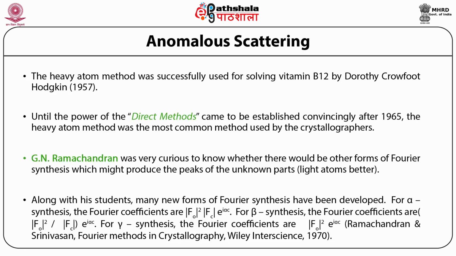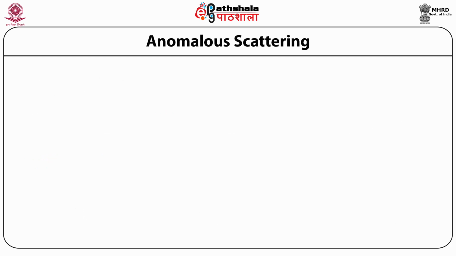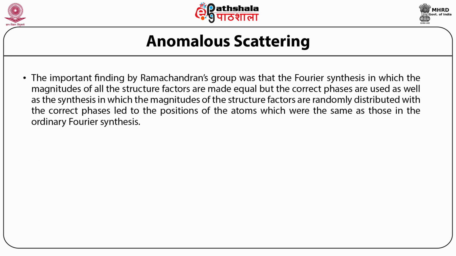Professor Ramachandran and Srinivasan. The important finding by Ramachandran's group was that the Fourier synthesis in which the magnitudes of all the structure factors are made equal, but the correct phases are used, as well as the synthesis in which the magnitudes of the structure factors are randomly distributed with the correct phases, led to the positions of the atoms which were the same as those in the ordinary Fourier synthesis.